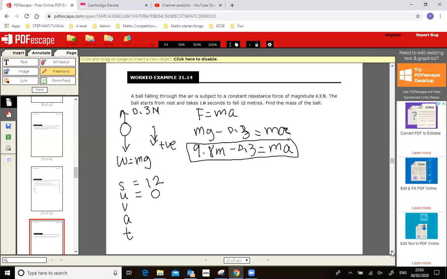Now, do we know V? I don't think so, so let's cross it out. A is something we're looking for, so that's a question mark, and the time taken is 1.6 seconds. Great, so we're thinking of a formula which does not involve V, so that would be S equals UT plus a half AT squared.